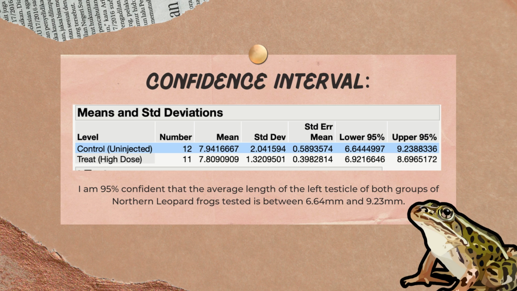And for the treatment side, the high dose, the injected frogs, the lower limit is 6.92, and the upper limit is 8.69. So I am 95% confident that the average length of the left testicle of both groups of northern leopard frogs tested is between 6.64 millimeters and 9.23 millimeters.